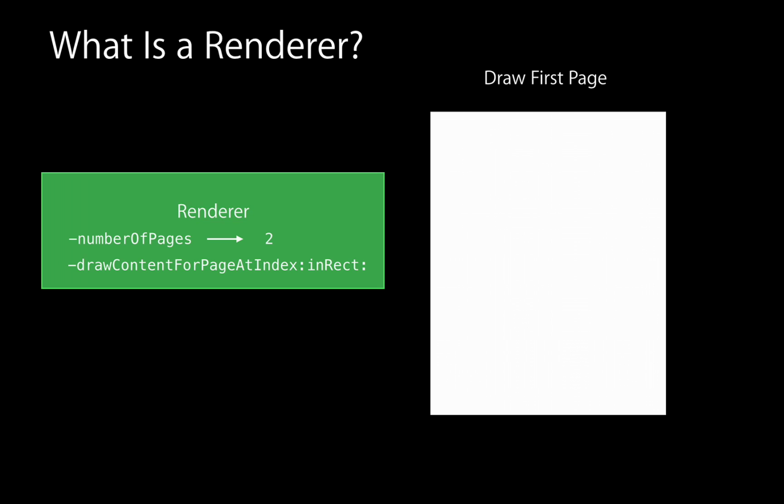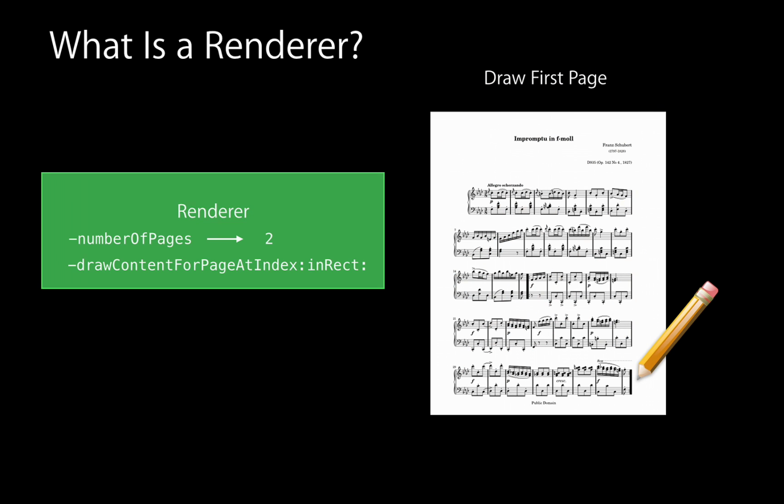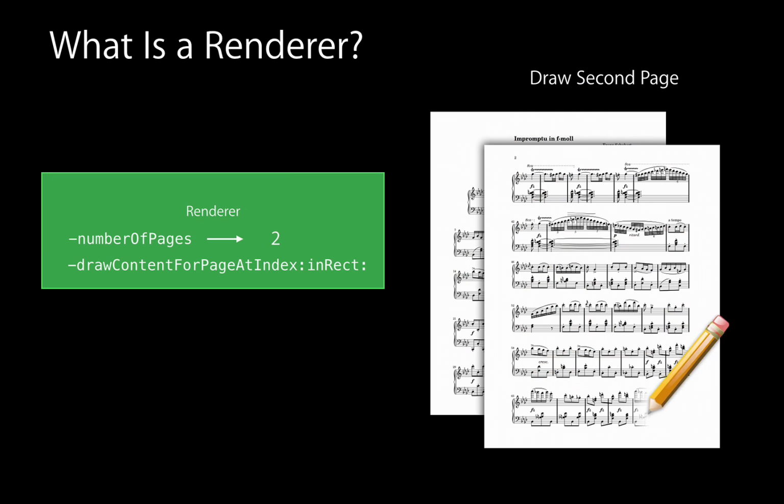So the printing system tells it draw the first page, and it gets to use any drawing methods that are at its disposal. So any screen drawing methods, Core Graphics, Core Text, UIKit drawing methods. And then it's told draw the second page because we said 2 pages, and so it just gets to do however it wants to draw. So this is what you do for elaborate printed output.